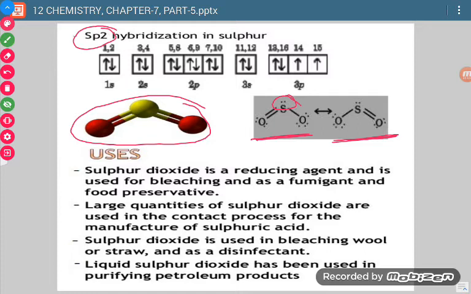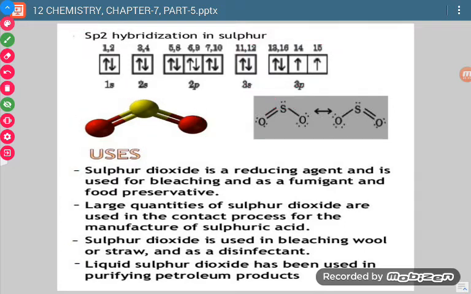In the case of sulfur, there are a total of 6 electrons in its valence shell. Where are those 6 electrons in this structure? Let us see: 1 2 3 4, 5 6.